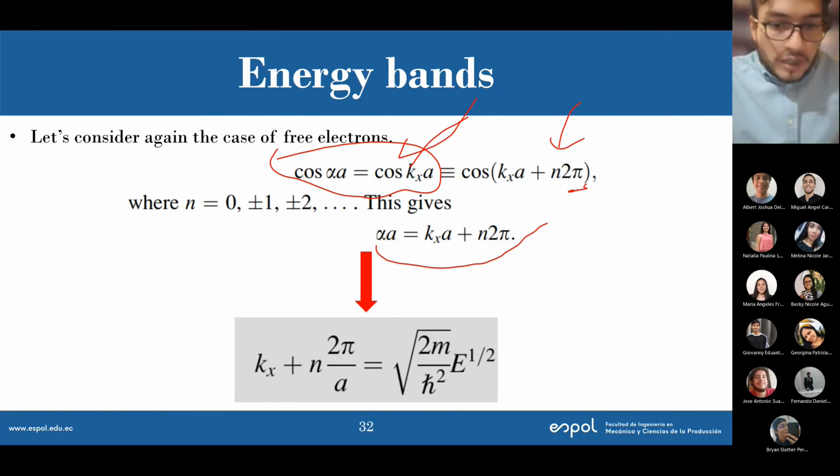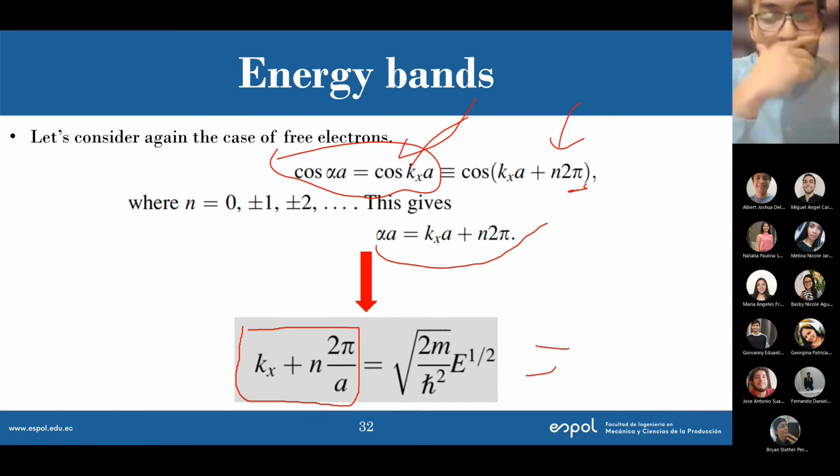So I can solve for that. Remember that alpha A, if you solve here, what is this equal to, guys?